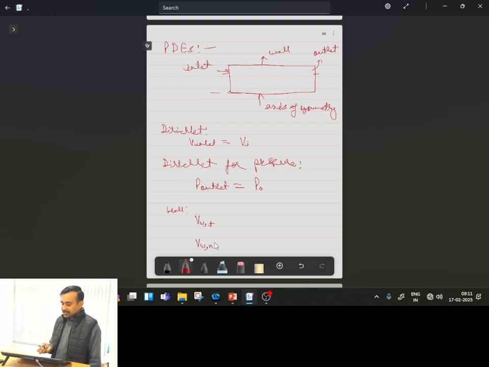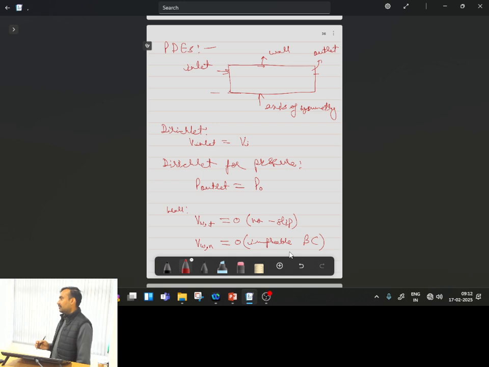No slip condition tells that velocity parallel to the wall will be equal to 0. So tangential velocity equal to 0 comes from the no slip condition, and normal velocity equal to 0 comes from the impermeable boundary condition.